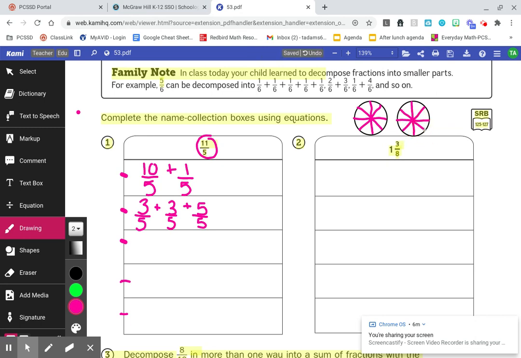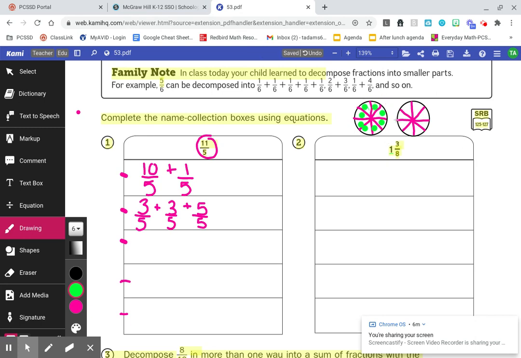Okay, so I have 2 pizzas. First, we're going to eat one pizza. That means we're eating all 8 slices. 1, 2, 3, 4, 5, 6, 7, 8.